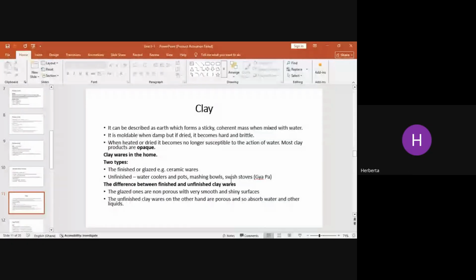Another material that is used as surface in the home is clay. How do you describe a clay? A clay is the earth that is mixed with water to form a sticky substance when wet and becomes very hard and brittle when dried.